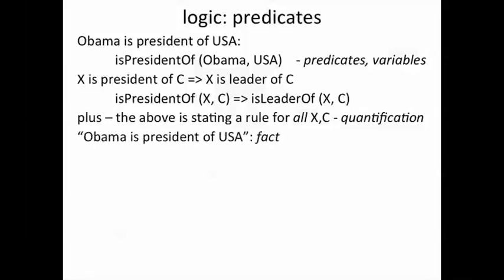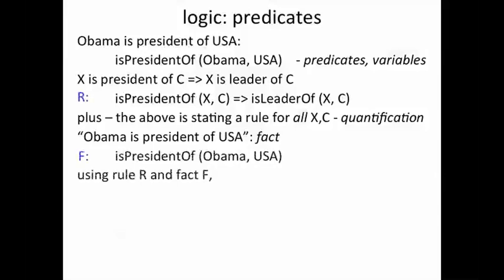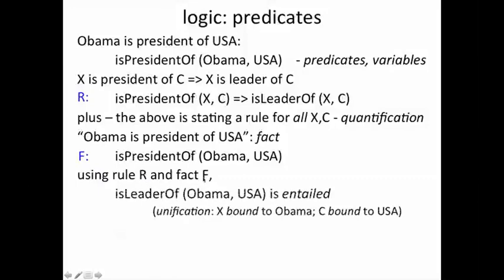Starting with a fact, such as Obama is president of USA, which is expressed as a predicate, is president of Obama, USA, together with this rule, which states that for all X and C, if X is the president of C, then X is leader of C. Using R and F, we come to the conclusion that Obama is leader of USA.